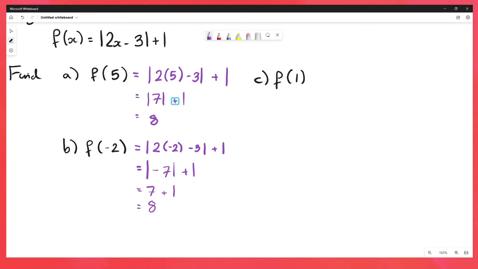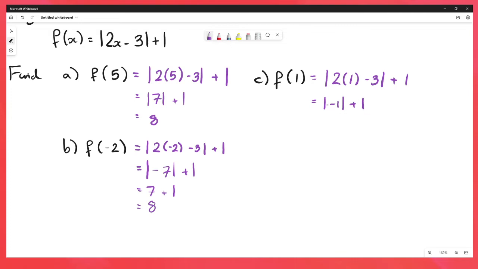So we've got this third example here, finding f of 1. Again, pause the video, quickly work it out yourselves, and then come back and I'll go through it. Like before, we put 1 into our function. 2 times 1 minus 3 is -1, plus 1.